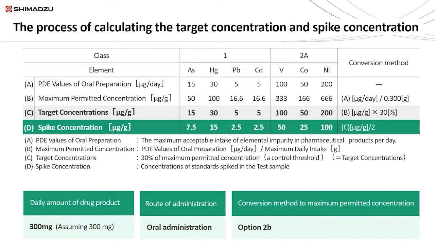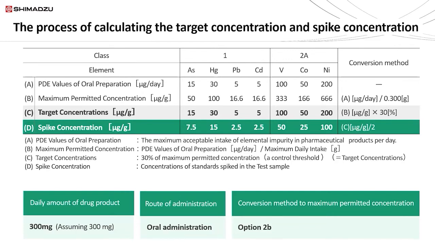In USP 232, they describe the permitted daily exposure values according to an oral administration route. There's different administration routes. Another one, for example, would be inhalation. We're going to be discussing oral, the method of oral introduction, like from a tablet.